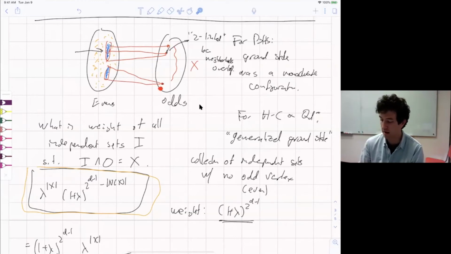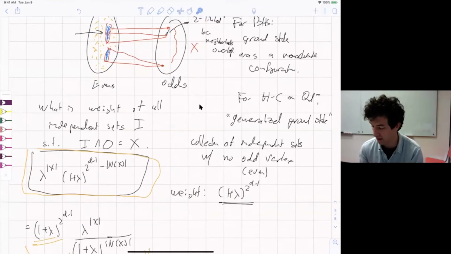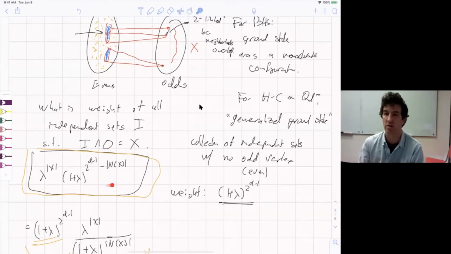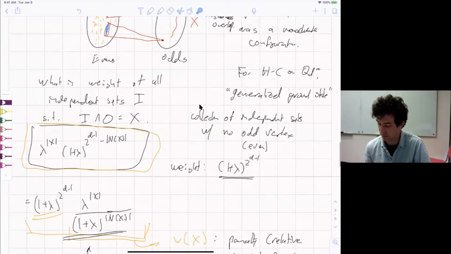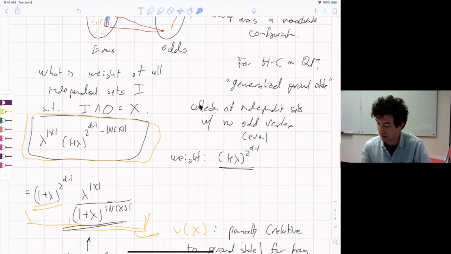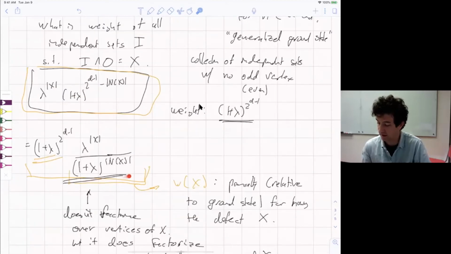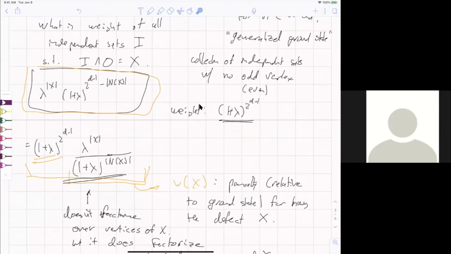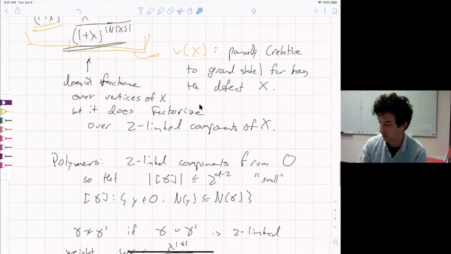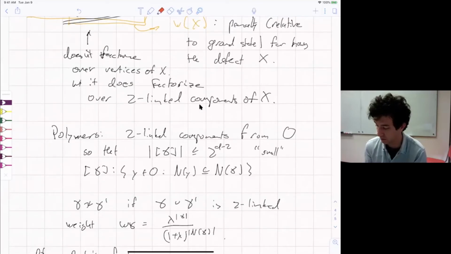And we wanted to write the weight of all independent sets with this defect pattern in a way that factorizes over small connected components. So we wrote down the weight exactly. We see that this factor representing the ground state pulls out. And then the weight of this defect configuration x didn't factorize over vertices of x, but it does factorize over 2-linked components. And that's exactly what told us how to create this polymer model.